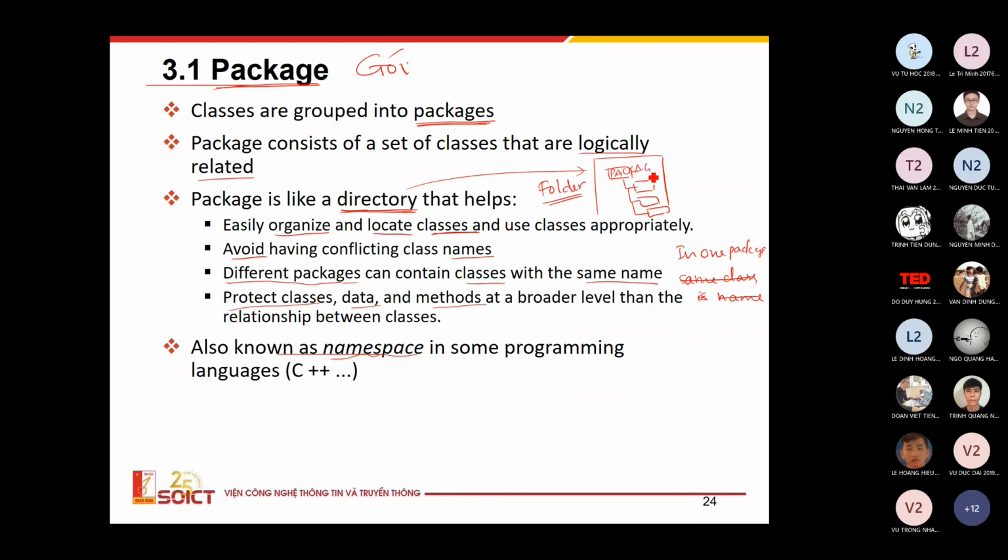Inside this folder you will have the class Java files, for example. Each Java file here corresponds to a class. You can remember that a package looks like a folder which can contain many classes inside.